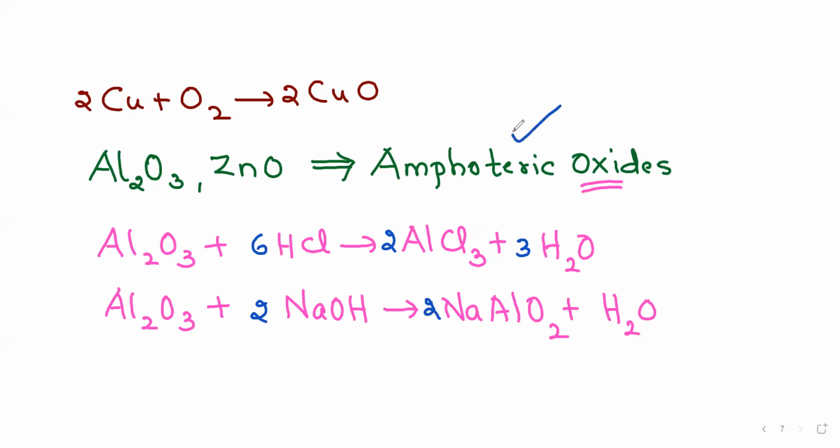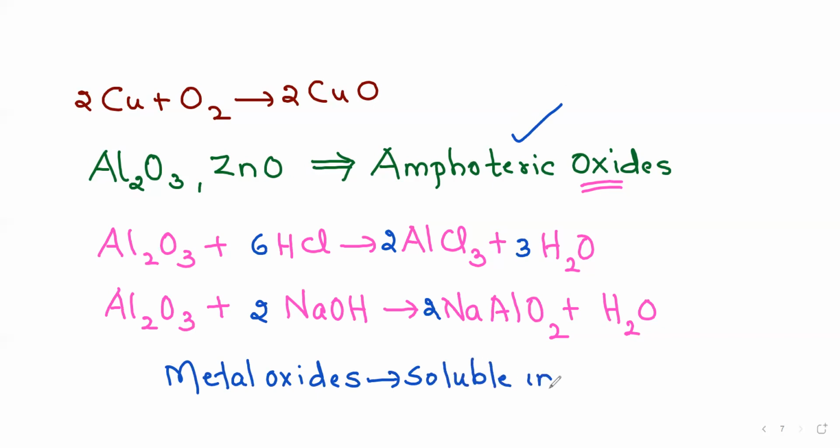Those types of oxides are called amphoteric oxides. And if these metal oxides are soluble in water, we call them alkali.